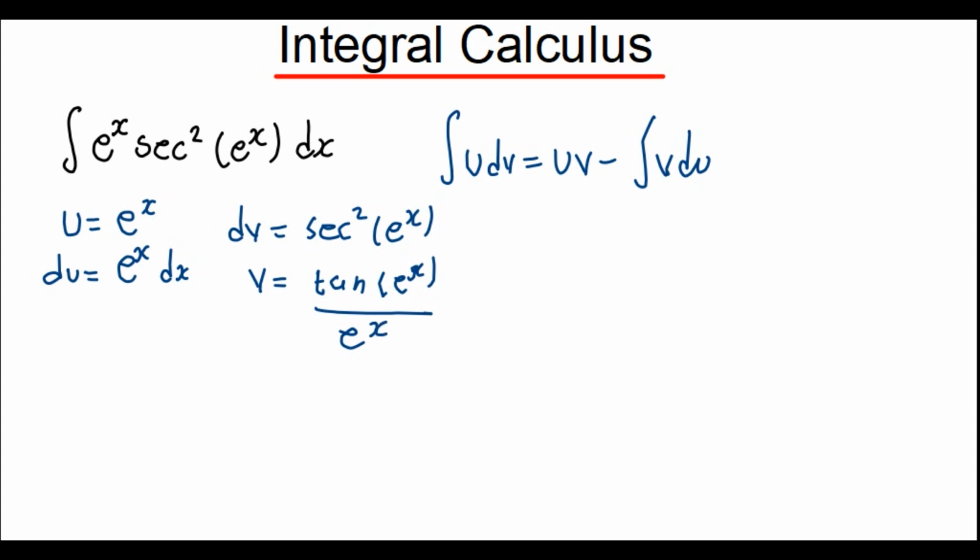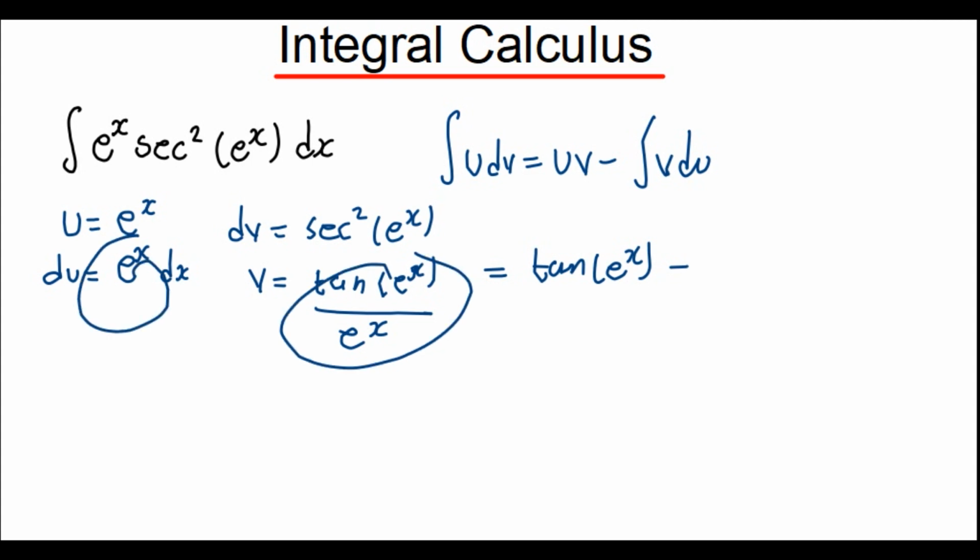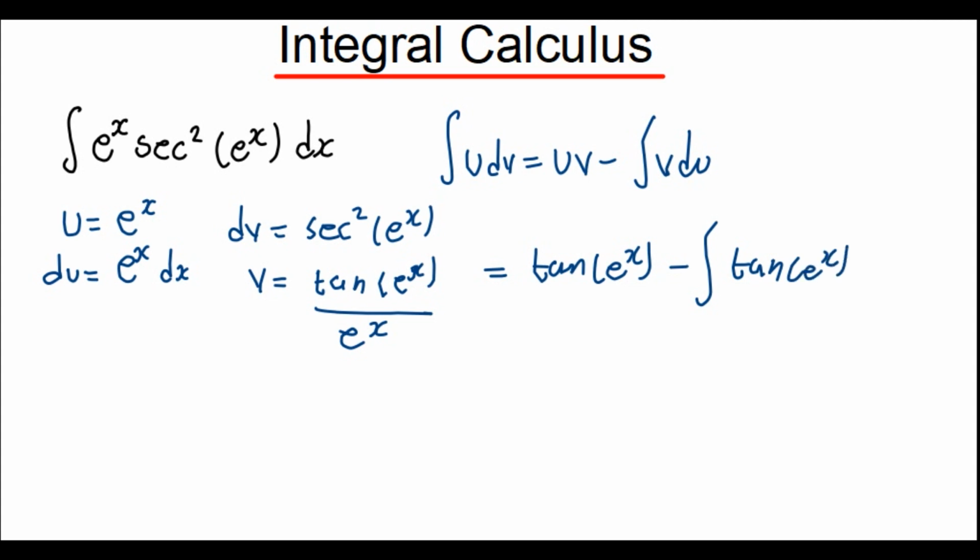So when you get to integration by parts, u times v, what you're going to end up with is tan e to the x, then minus the integral of v du. That is this one multiplied by that one, and what you end up with is the integral of tan e to the x dx, simply because this one will cancel out with this one right here.